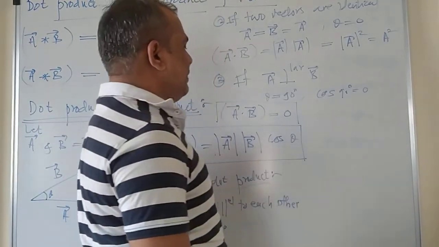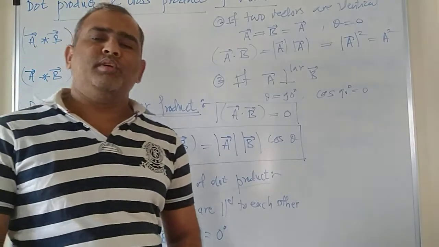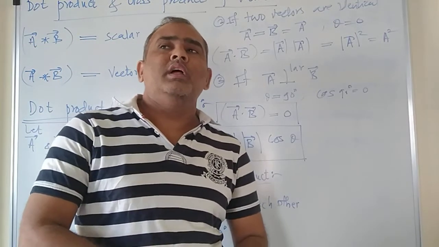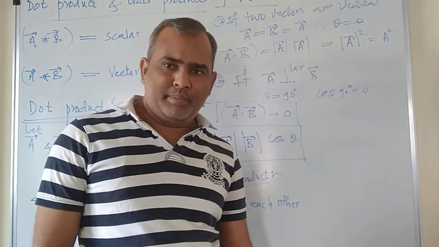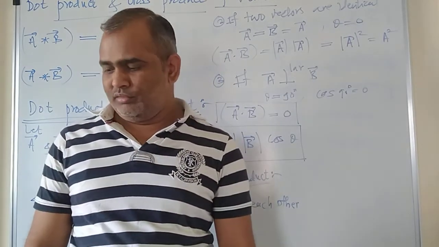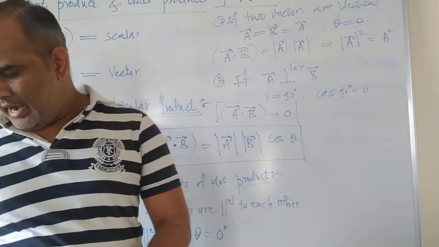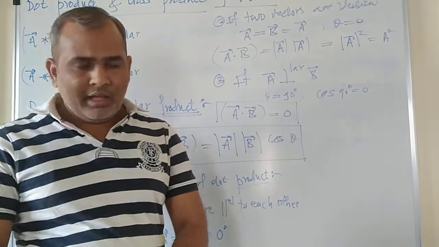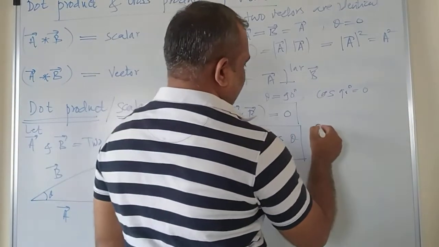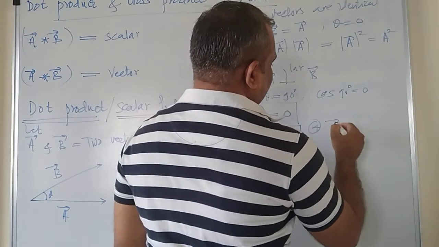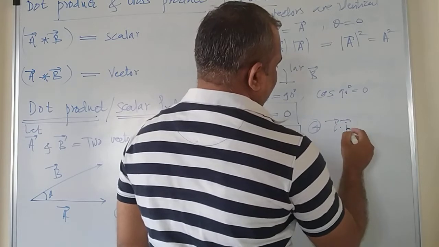If two vectors are perpendicular to each other, then their dot product is equal to 0. Or if the dot product of two vectors is 0, that means these two vectors are perpendicular to each other. Hope you have understood this property also. And next property, from the identical vectors property: if two vectors are identical, then what will be the result? i bar dot i bar.